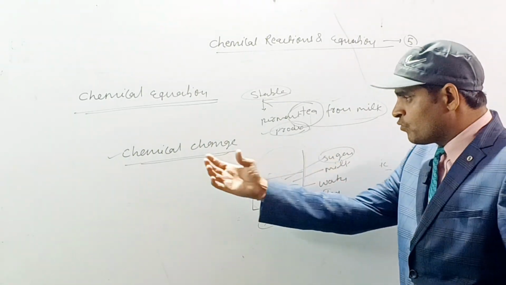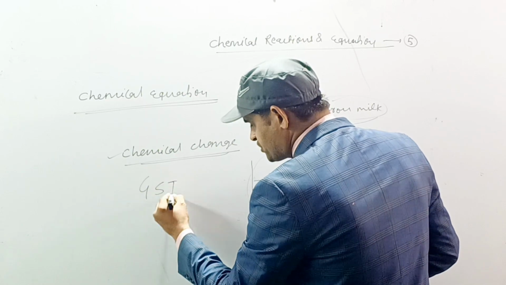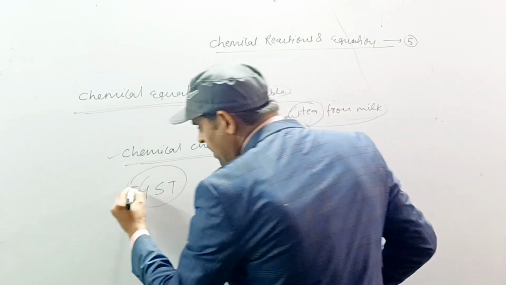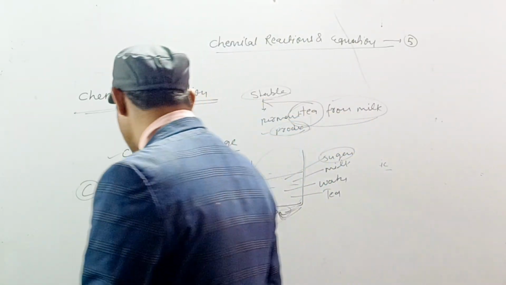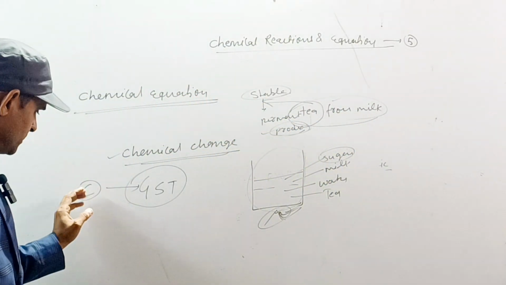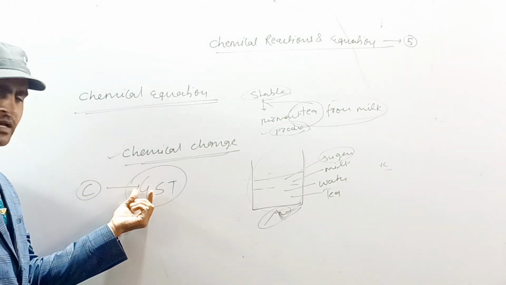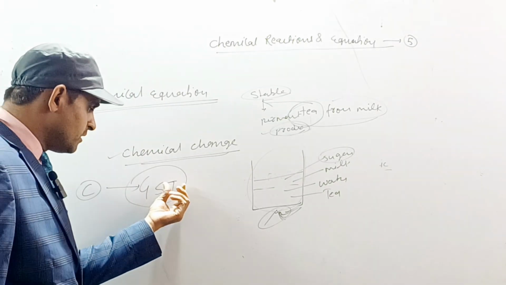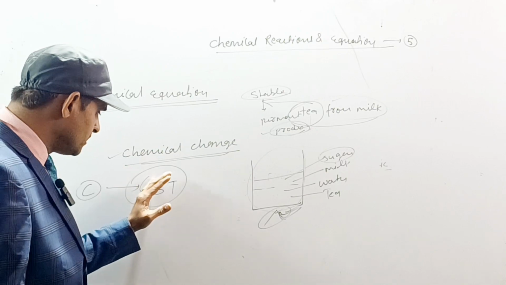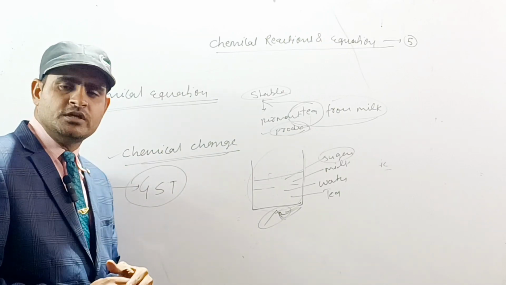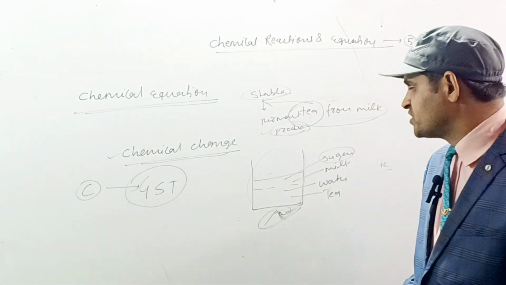And in this, what are the changes in a chemical change? We say change of color, release of gas, change of temperature, and formation of a new substance.